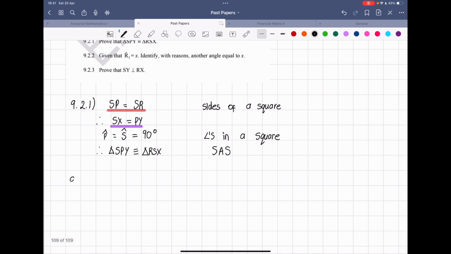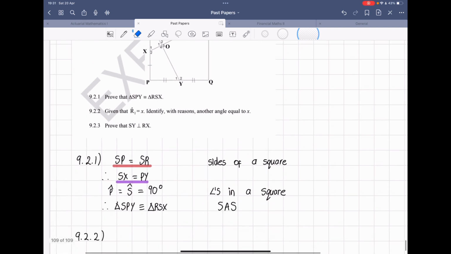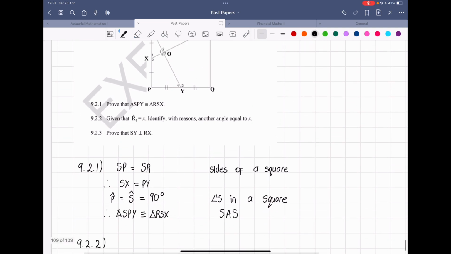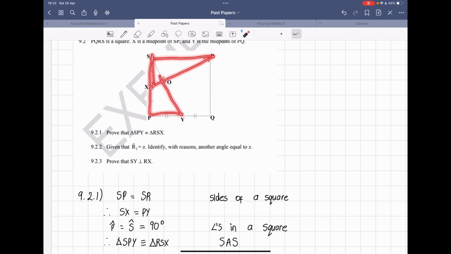Okay, then 9.2.2. Says that given R1 is equal to X, so this is R1, identify with reasons another angle equal to X. So I noticed that this R1 is in the triangle that I just proved congruency with this triangle.